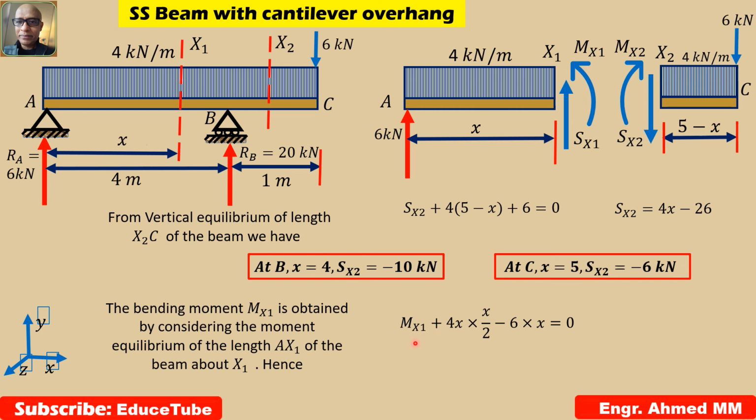So Mx1 will be as it is plus 4x into x by 2, half in the center it is working, so 4x into x by 2 minus this 6 into x. So easily we can solve Mx1. So this is the equation, 6x minus 2x square.